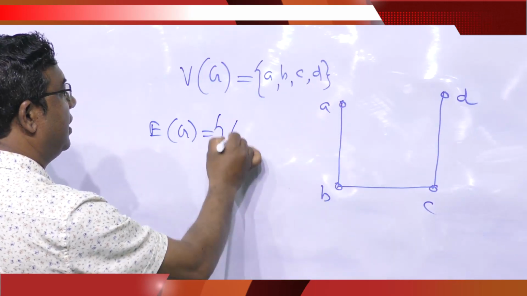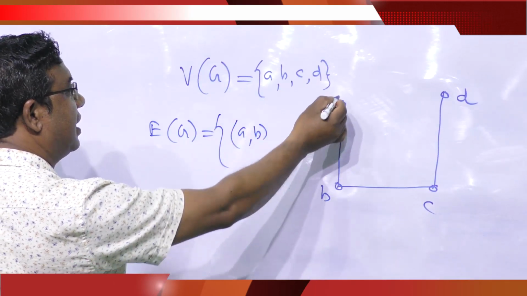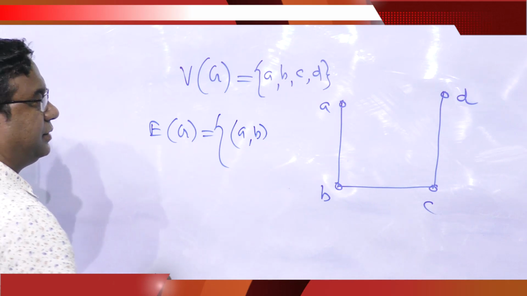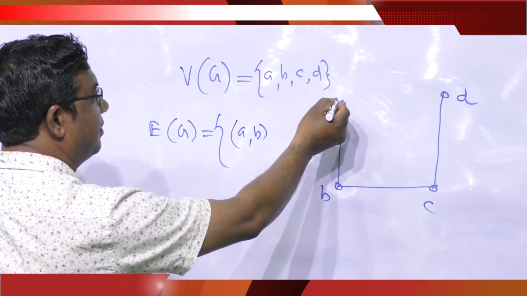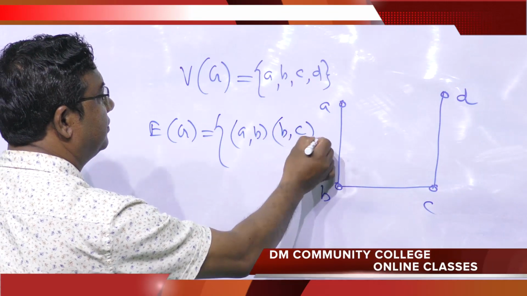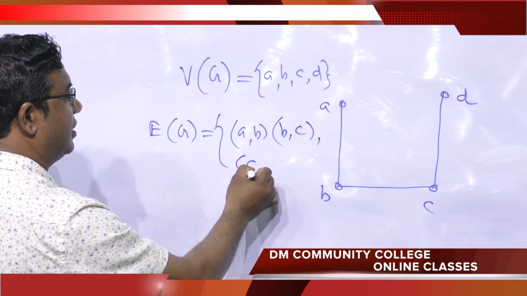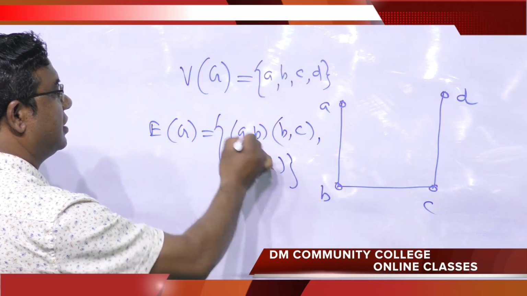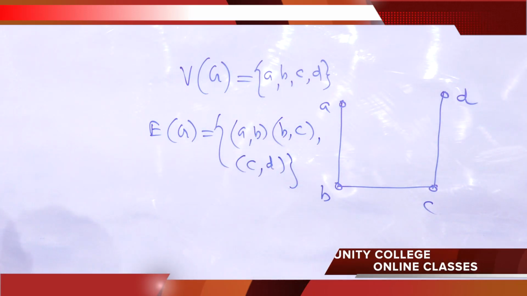So A comma B represents the line AB, the line joining the vertices A and B. Then B comma C, then C comma D. So this is the set of edges.